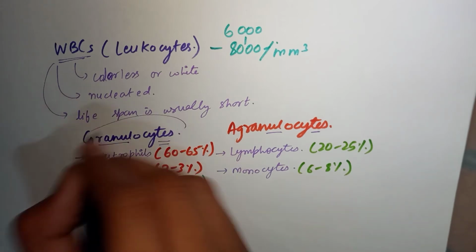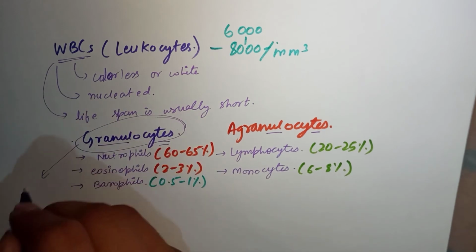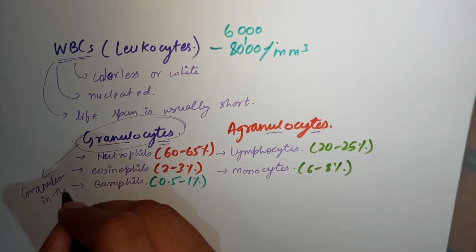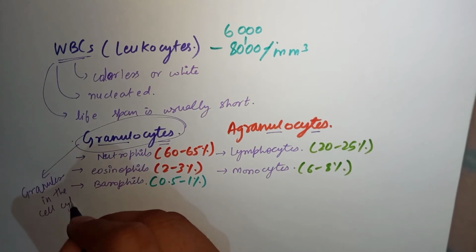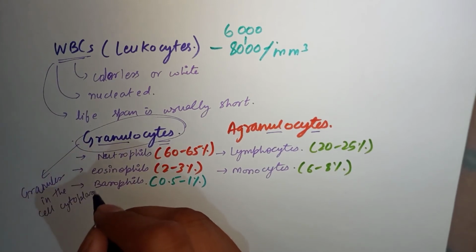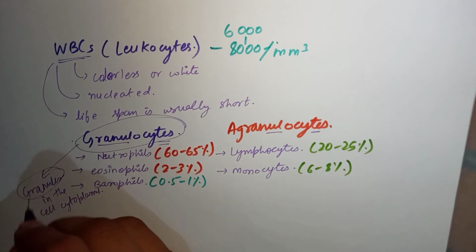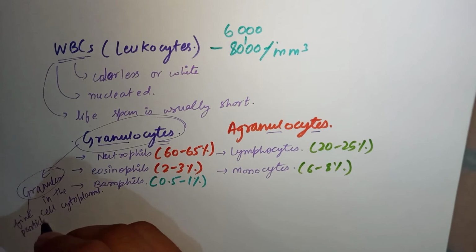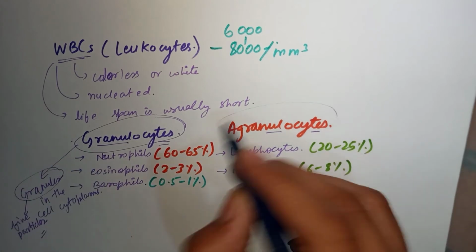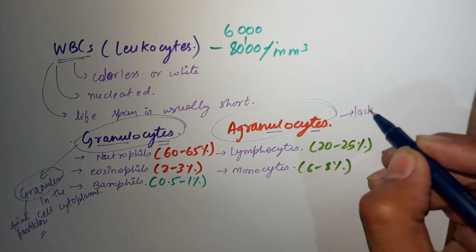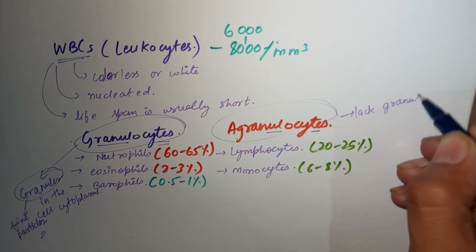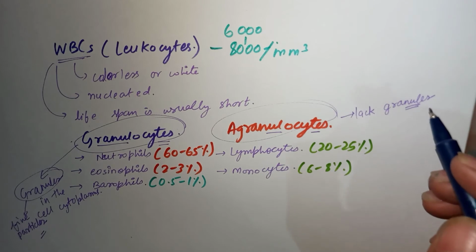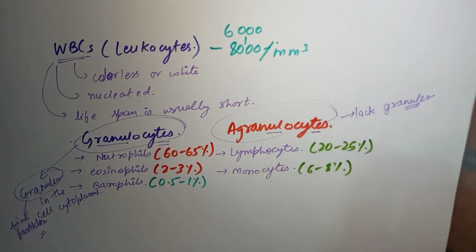Granulocytes contain granules in the cell cytoplasm. What are granules? Granules are nothing but fine particles, while agranulocytes lack granules, and they do not have any granules in the cytoplasm. So these are known as agranulocytes.